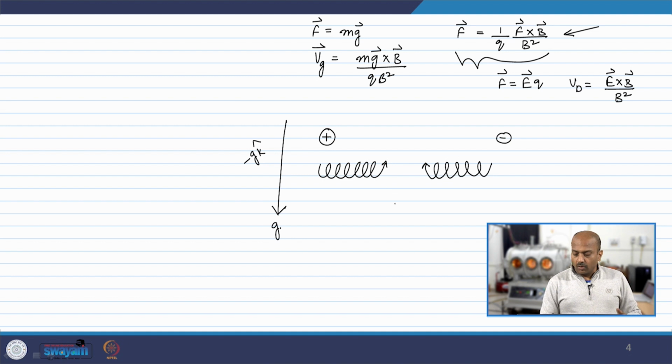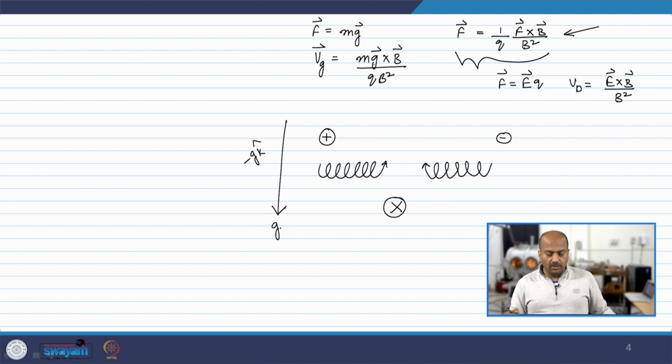And for reference, I forgot to write it in the beginning, the magnetic field is like this, which is into the page. So, in this situation you can use the simple cross product rules for figuring out the directions of these drifts, and this is how it will look, right.